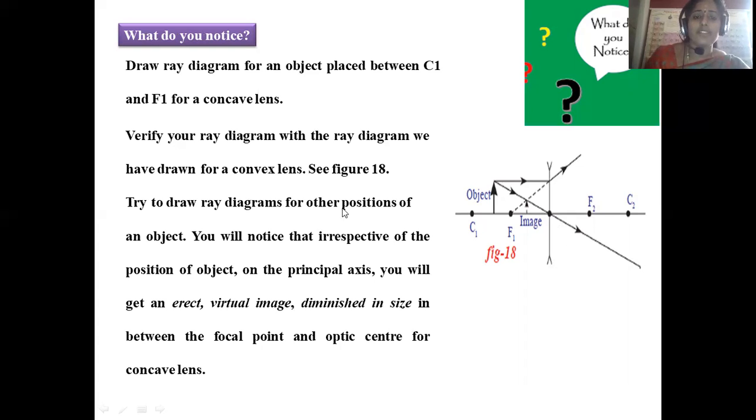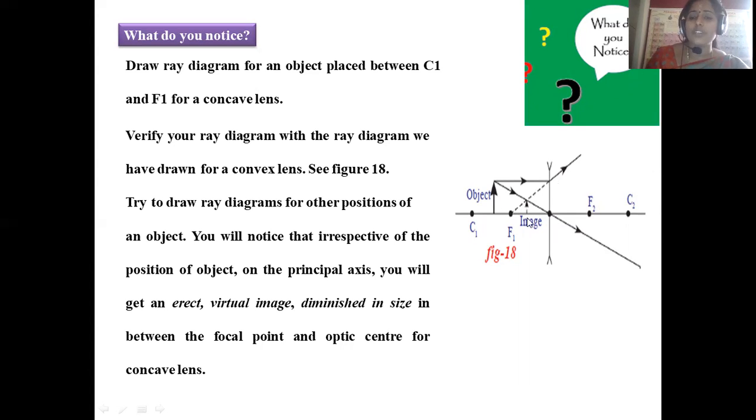So verify your ray diagram with the ray diagram we have drawn in figure number 18. In figure number 18, a concave lens was taken, and the object was kept in between the center of curvature and the focal point. Then what kind of inference are you going to draw? Again, two rays of light originate from the object.